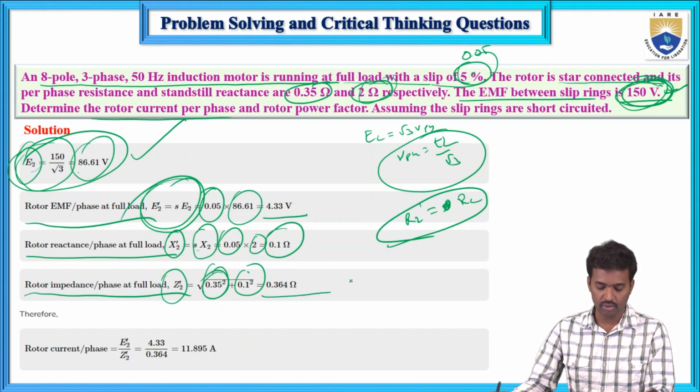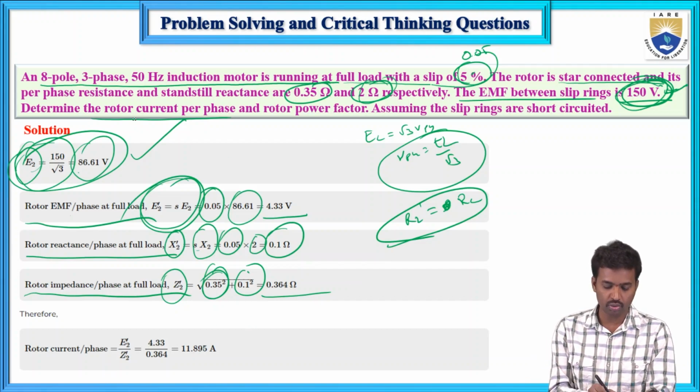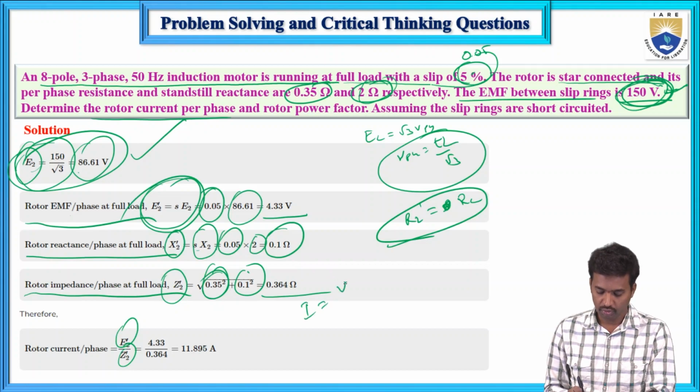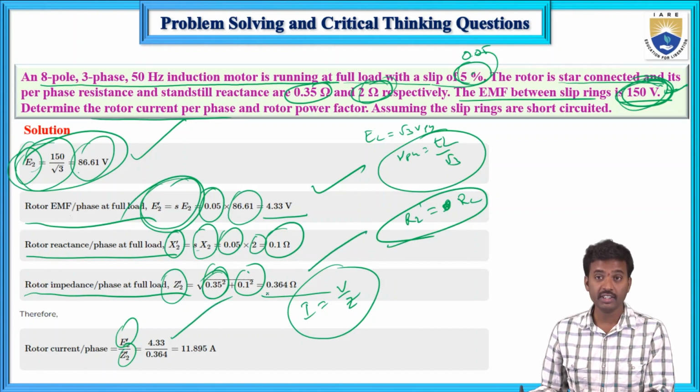So this value is 0.364 ohms. From this, the rotor current per phase is E2 dash by Z2 dash, that is I equals V by Z, which is 4.33 by 0.364, equals 11.895.